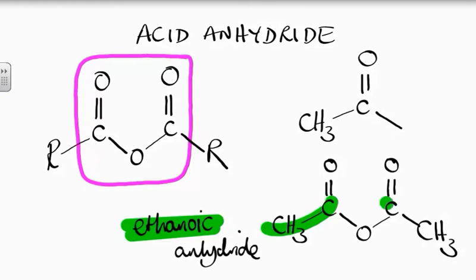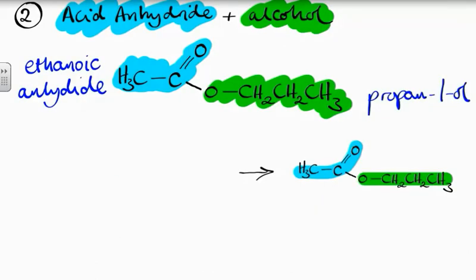So the ethanoic showing that we've got, and it's symmetrical, so we've got it on both sides of the acid anhydride. So we know that we need ethanoic anhydride to produce the ethanoate group in our ester.